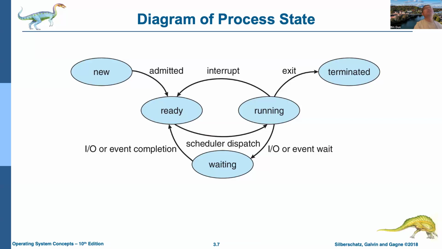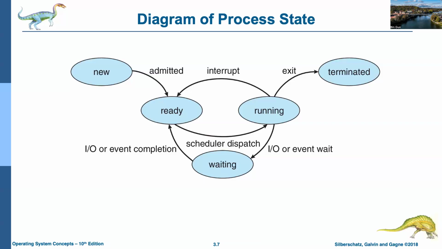Writing a file is very slow. The disk is slow, the CPU is fast. Why must we let the CPU wait stupidly? So we simply put this process from running to ready, so the scheduler dispatch can schedule another process to running. Good. Then from ready to running, that's the scheduler.